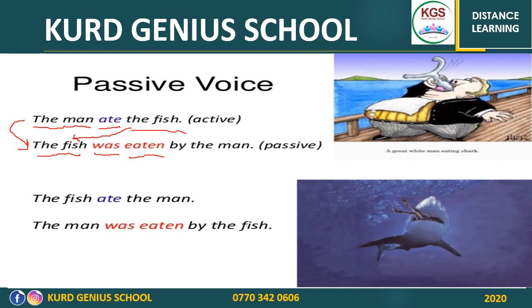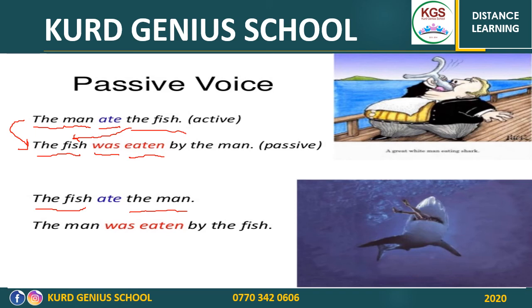Look at this sentence, that's exactly the opposite. The fish ate the man. This time, the fish ate the man. So in this example, the fish is the subject. Why? Because the fish is doing the action of eating. And the man here is affected by the action of eating. So the man here is the object.